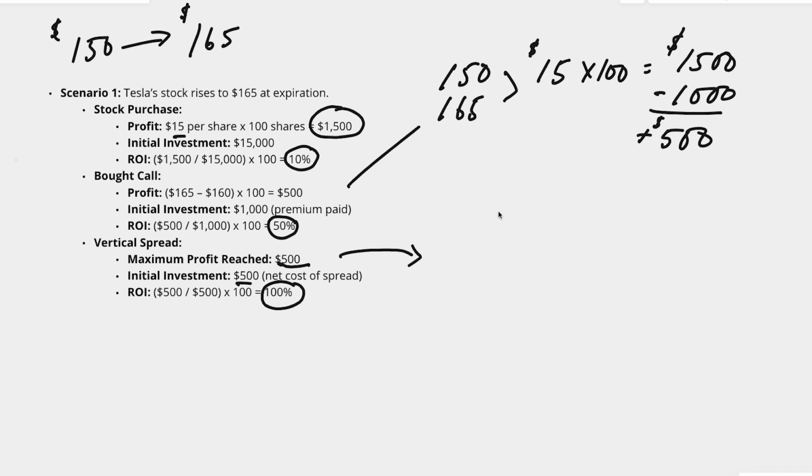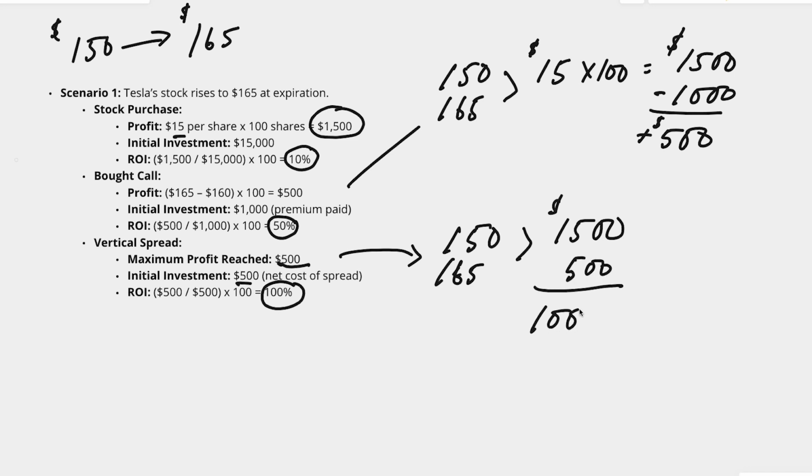So if we work out the math here, we have a $150 strike price and the stock is up to 165. So we are up $1,500 there. And then our initial outlay was a net debit of 500 there. So you can do it like that.